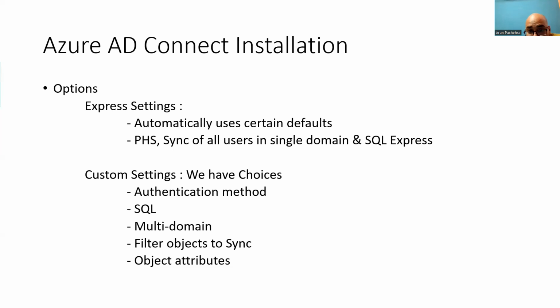Now, what authentication method? If you remember, we had pass-through and federation, or password hash. So password hash is the default. So we don't get the option to choose the other options here.